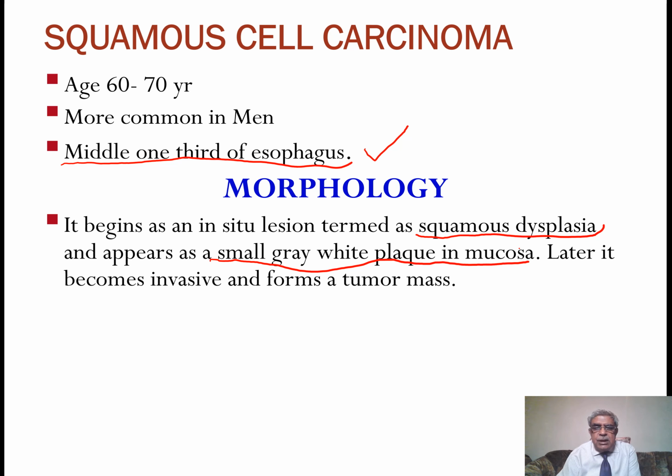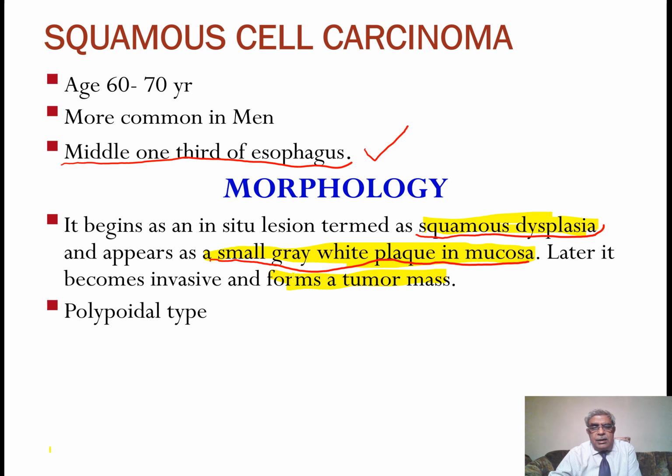I repeat once again, it begins as an in situ lesion, which is termed as squamous dysplasia, and it appears as a small white plaque in the mucosa. Later on, it becomes invasive and forms a tumor mass. Initial small plaque in the mucosa ultimately forms a tumor mass.